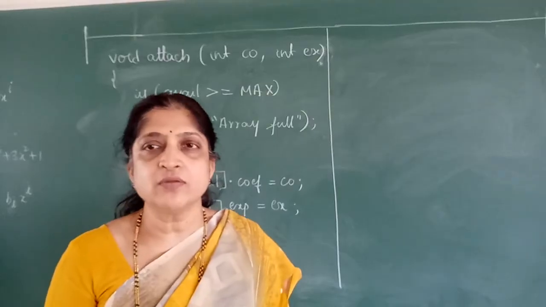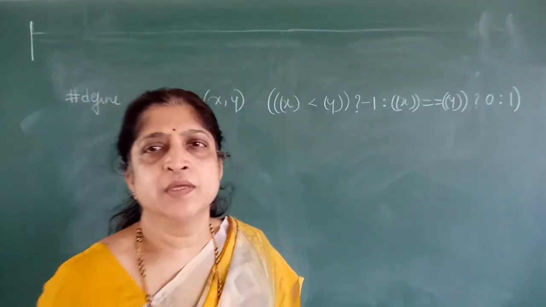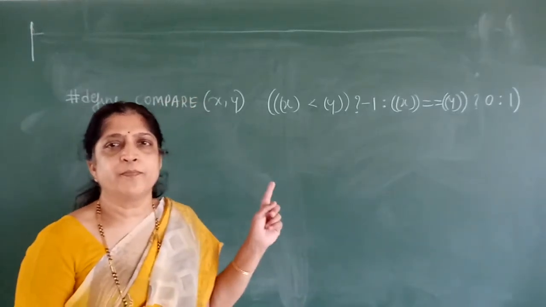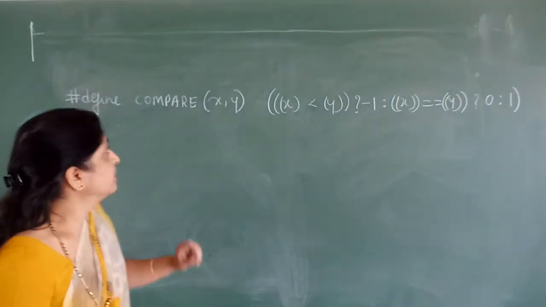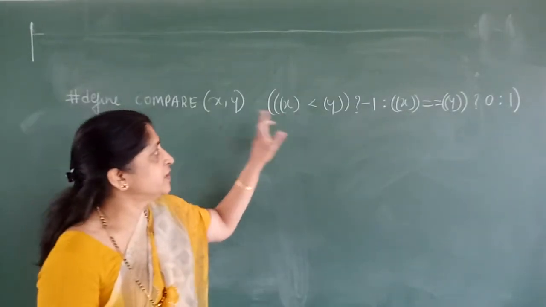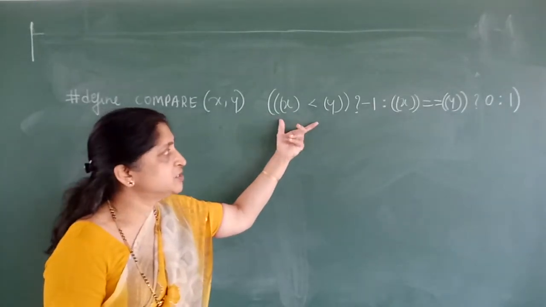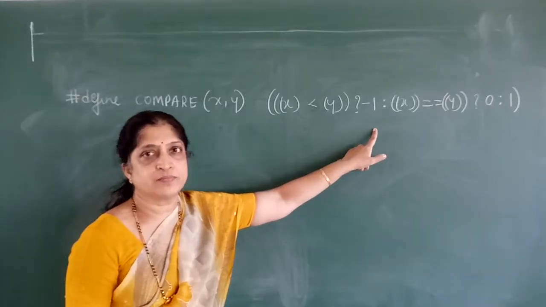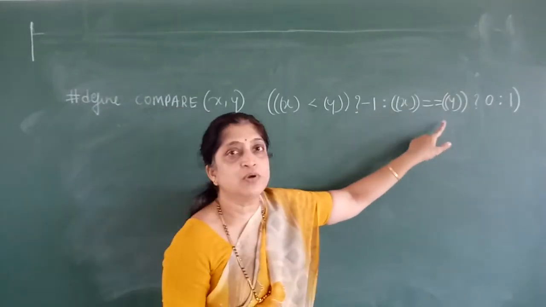Now let us see the macro that we are going to use in our function. Here we have the macro compare for comparing the exponents. How does it work? Compare takes two arguments and compares if x is less than y. If this condition is true, it returns -1. If this condition is false, then it checks whether x is equal to y.